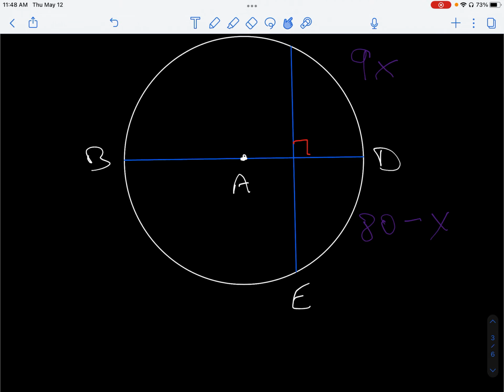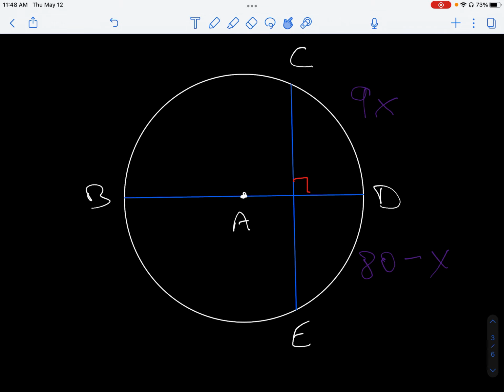So let's come back to our problem and figure out what is the measure of all these arcs. Let's go back to our purple. So 9x equals 80 minus x.